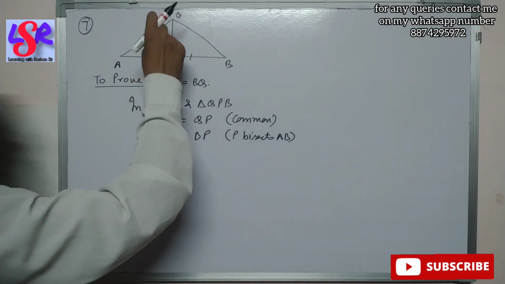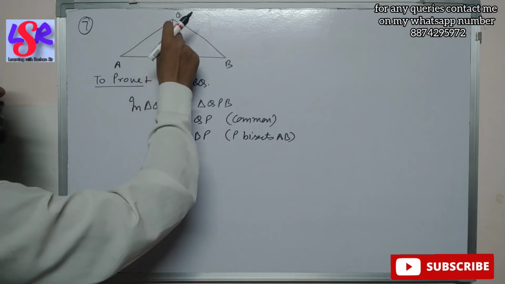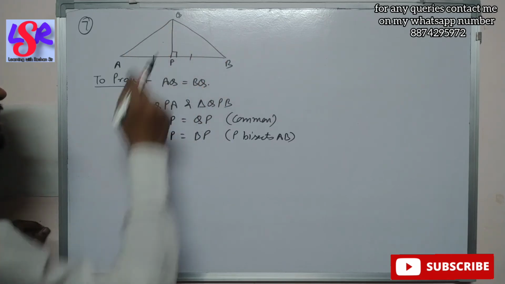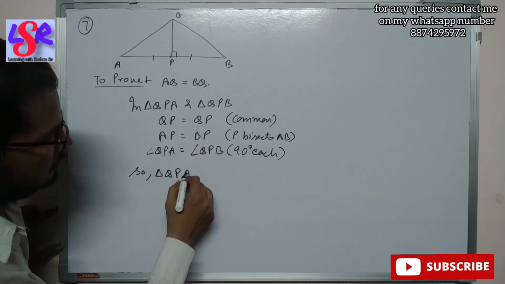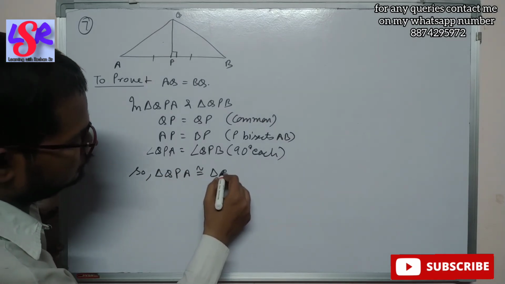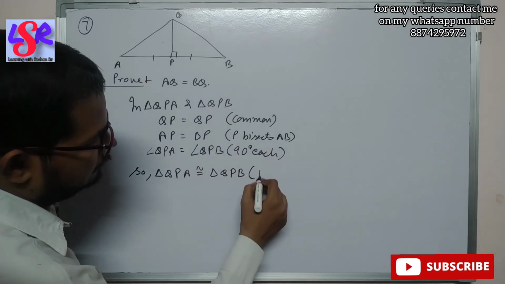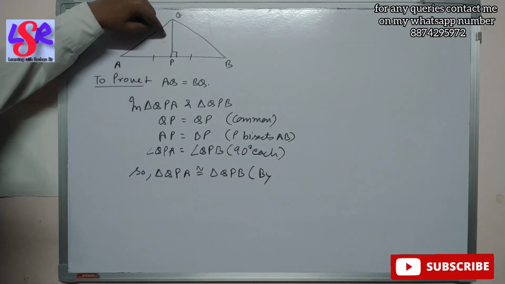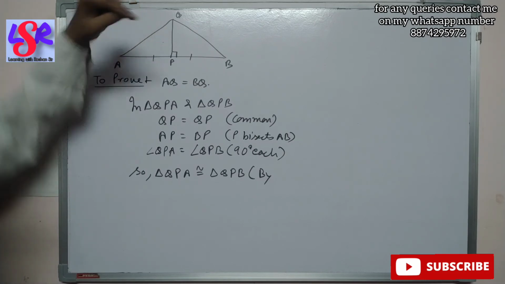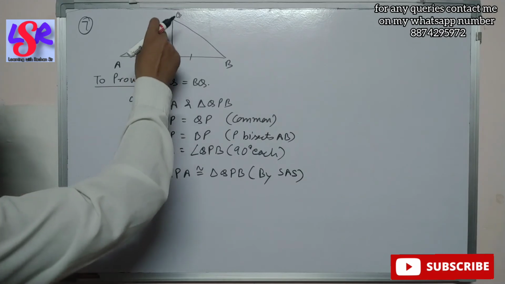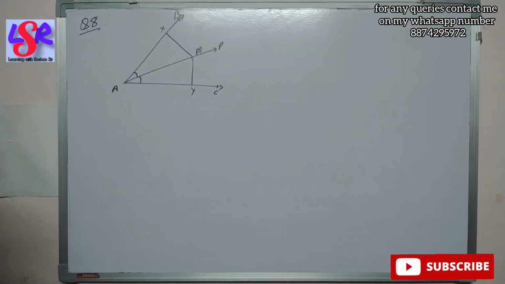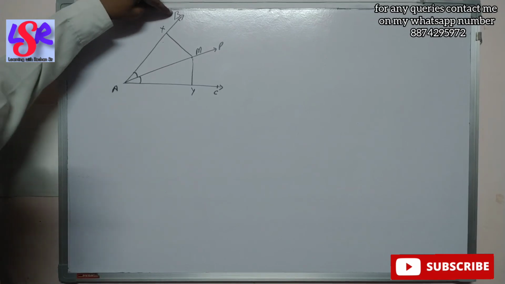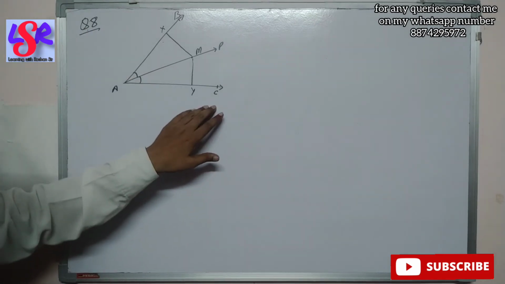And angle QPA equals angle QPB, 90 degrees each. So triangle QPA is congruent to triangle QPB by, we have used this side, this side and this angle. So it is SAS. And this QA will be equal to QB by CPCT. Hence proved.